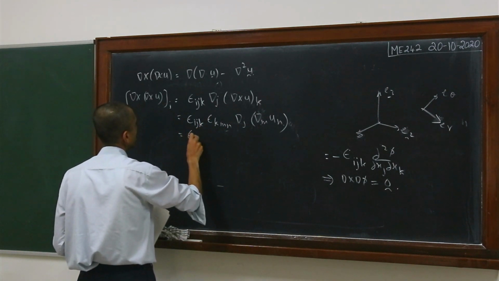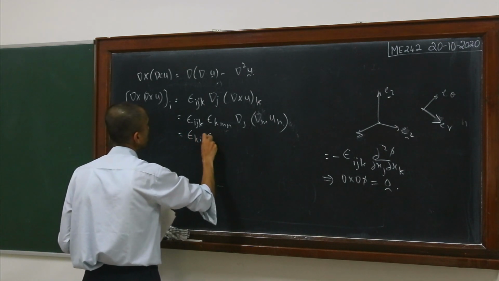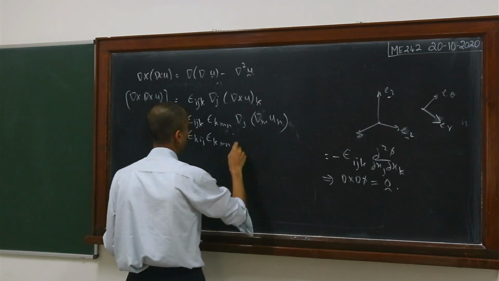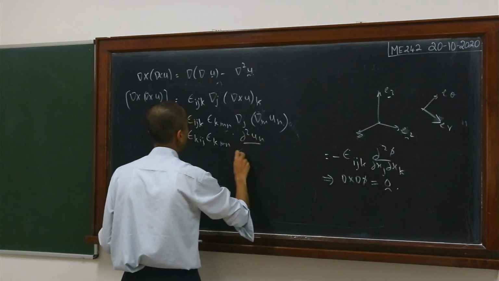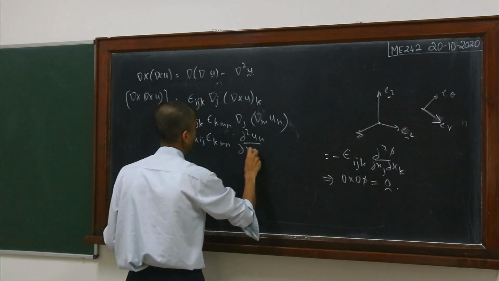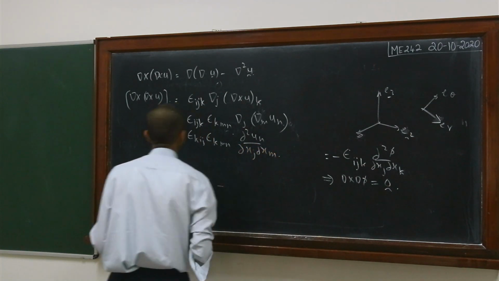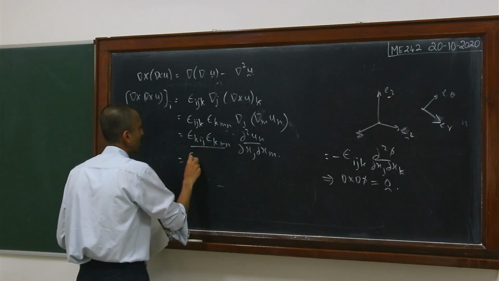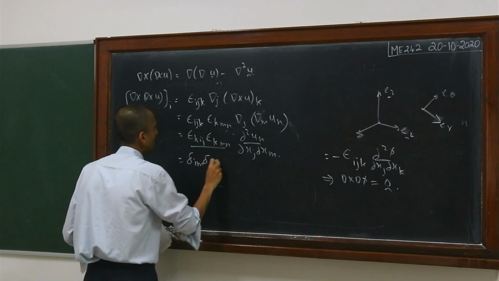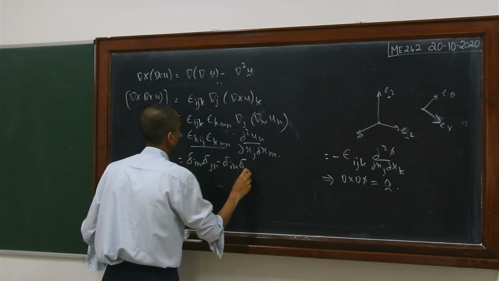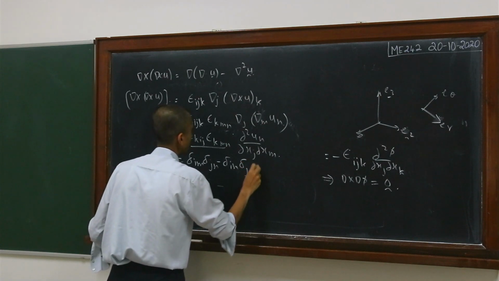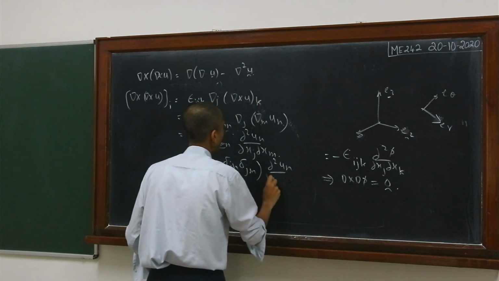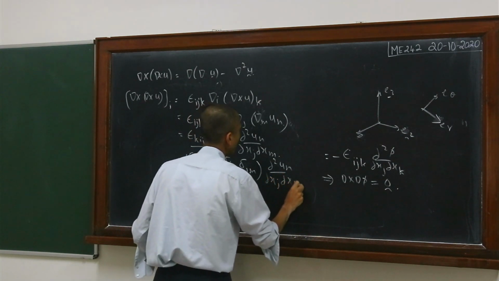And then you can rewrite this as epsilon kij, correct? Because that is our usual kmn, and this I can write as del square un by del xj del xm. Now use the epsilon delta identity on this object here. So that is equal to delta im delta jn minus delta in delta jm times del square un by del xj del xm.